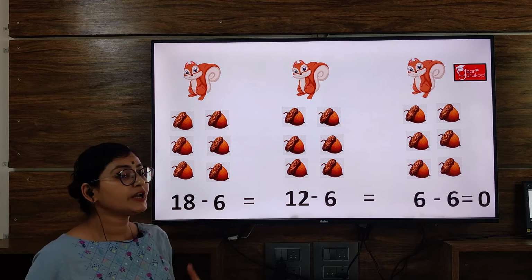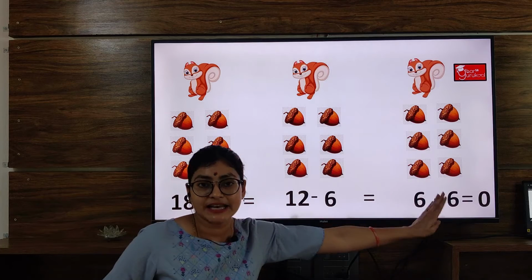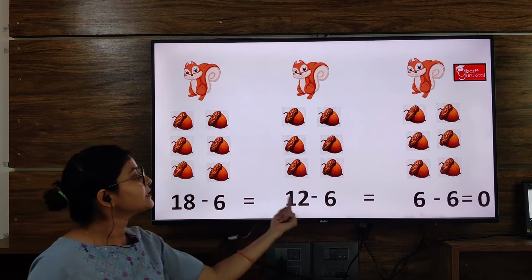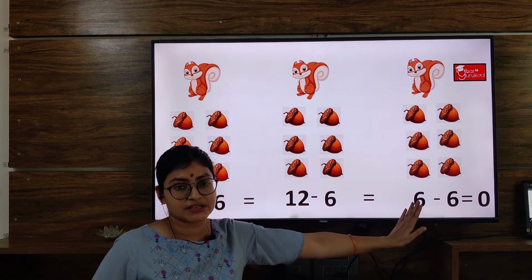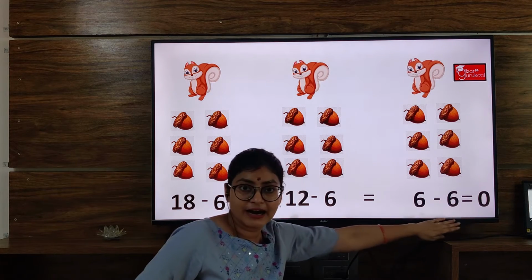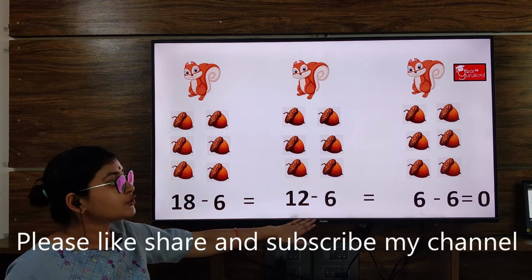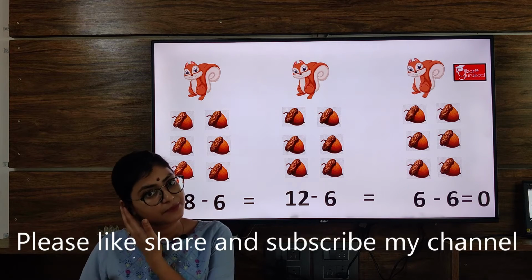As I told you, in repeated subtraction, we repeatedly subtract the same number. So that's what we have done here. We have repeatedly subtracted 6, which was our quotient. This was the answer in our division problem as well, right? So here we can say that division is also called repeated subtraction.